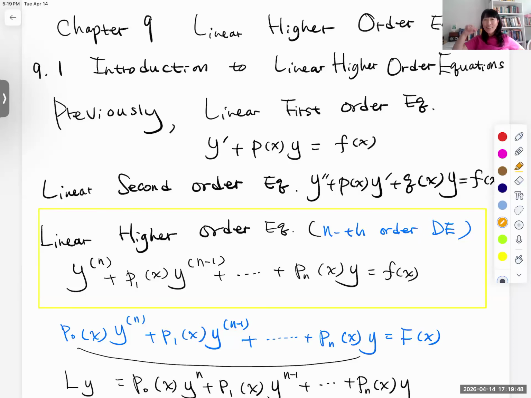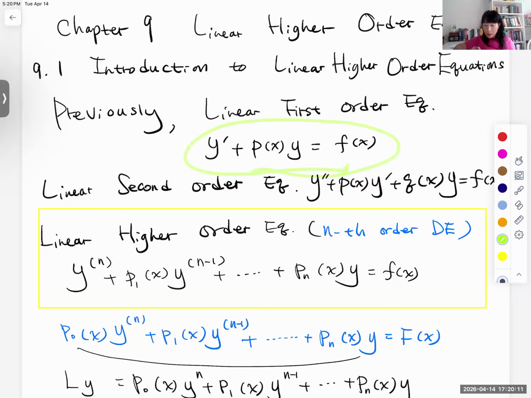Hello everyone. Today we are going to talk about chapter 9, section 9.1, Introduction to Linear Higher Order Equations. Previously we covered the linear first order equation, so we knew the form.